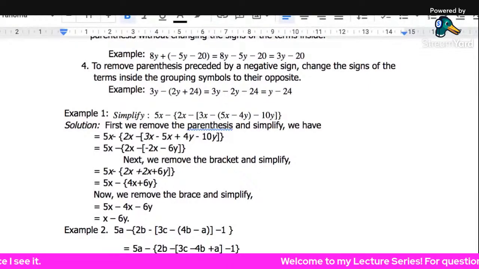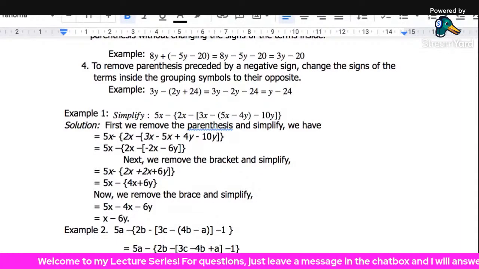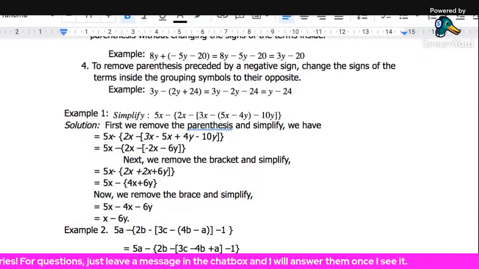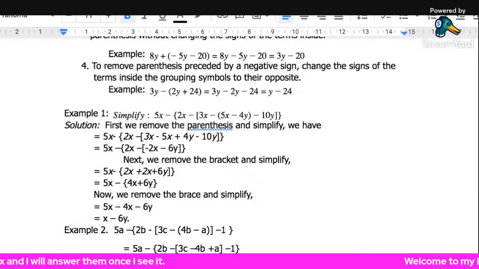Positive 24, it will become negative 24. Or, of course, just like what I said, you can distribute the negative here because 3y minus the quantity 2y plus 24 is like multiplying a negative 1 and distributing it to the two terms inside the parentheses.